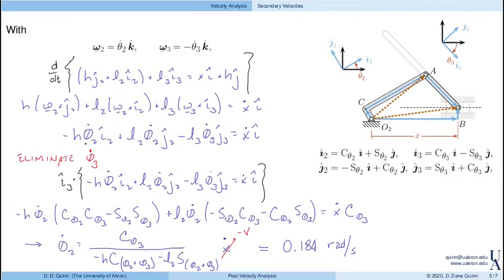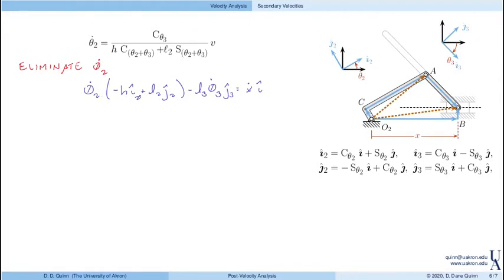Again, I'm just rewriting the velocity equations that we found previously. But again, it's not entirely clear what we should do to get rid of theta 2 dot. Well, actually, we just dot this with something that's perpendicular to these two pieces.